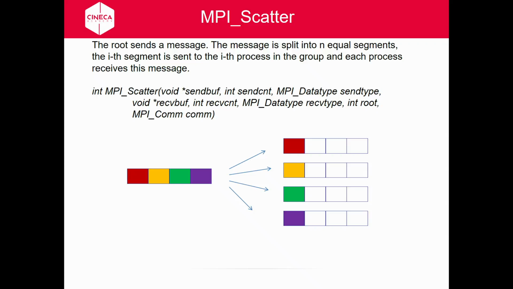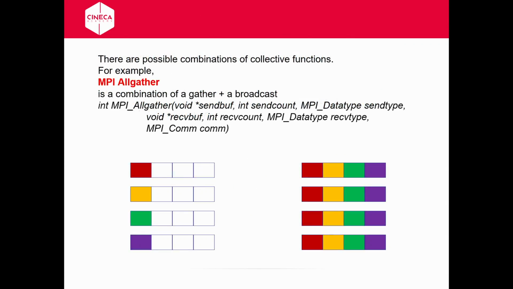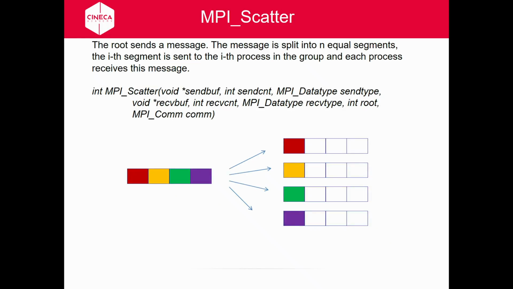For this reason, there exist some particular versions of this function named scatter underscore v and gather underscore v that have the same syntax, but that allow you to divide your computational domain, your data, your array, in the most efficient way.